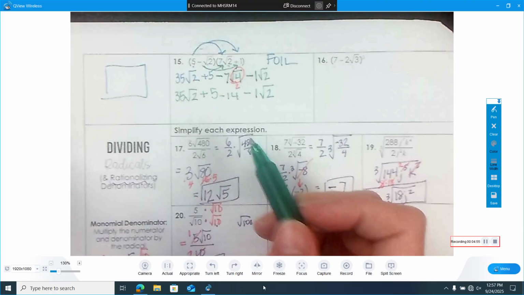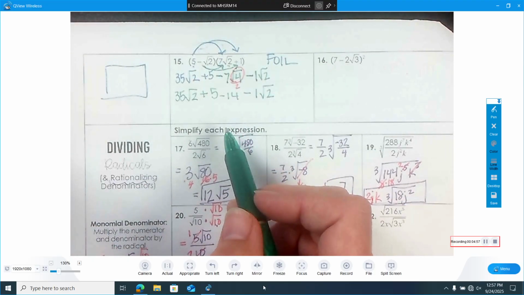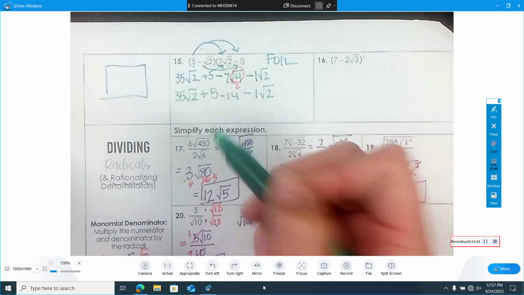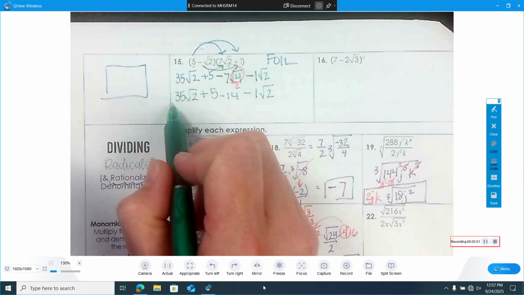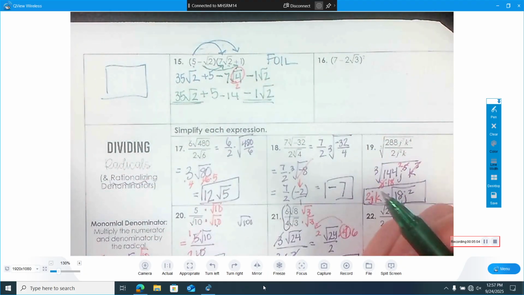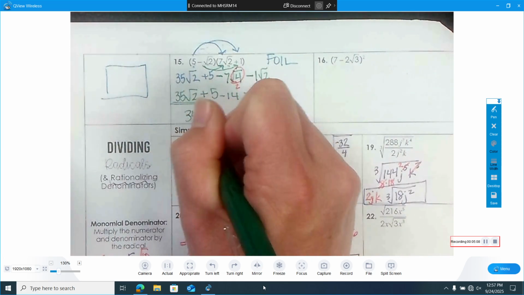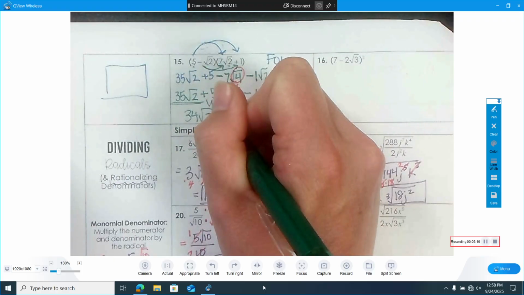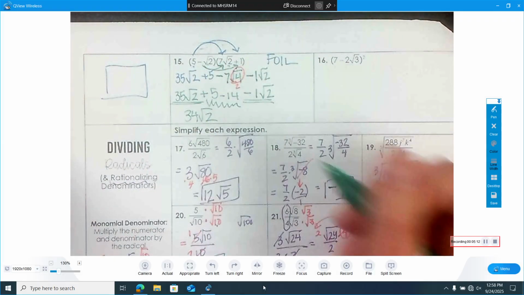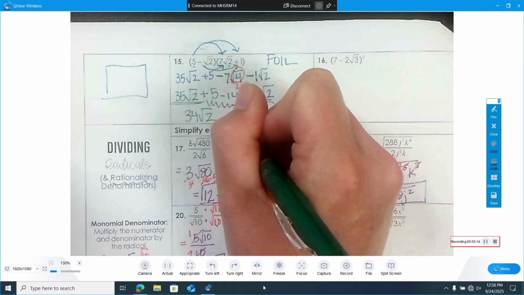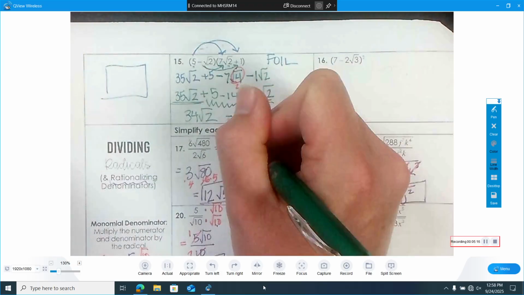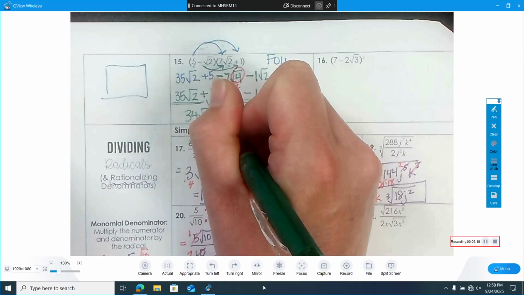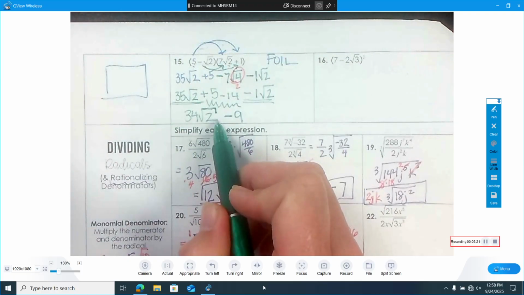Typically we write regular things first and more complicated things at the end. 35 radical 2s minus 1 radical 2 would be 34 radical 2s. And then positive 5 and negative 14 give me negative 9. Beautiful.